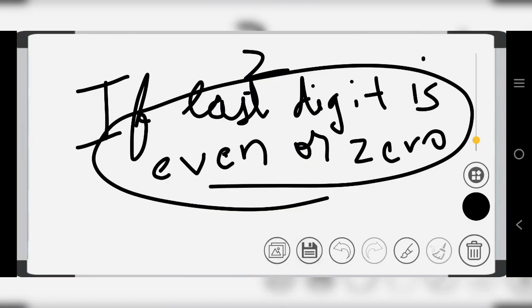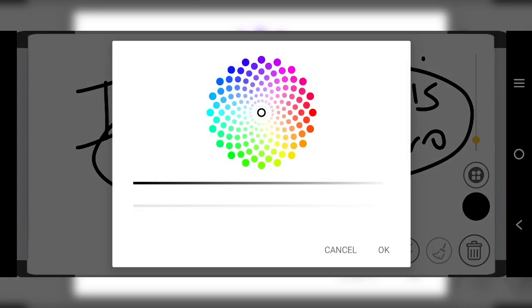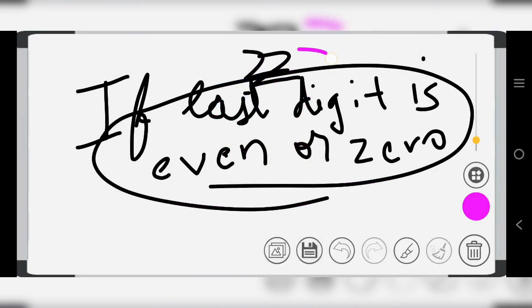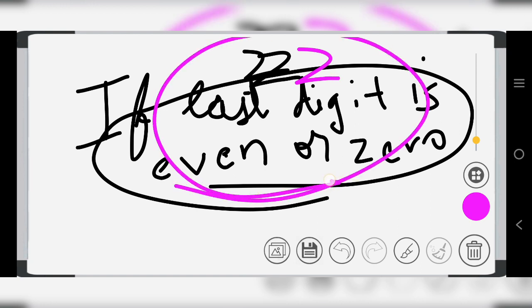Then it is divisible by the one and only 2.